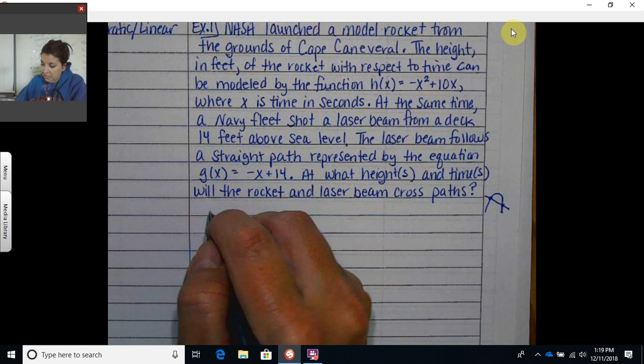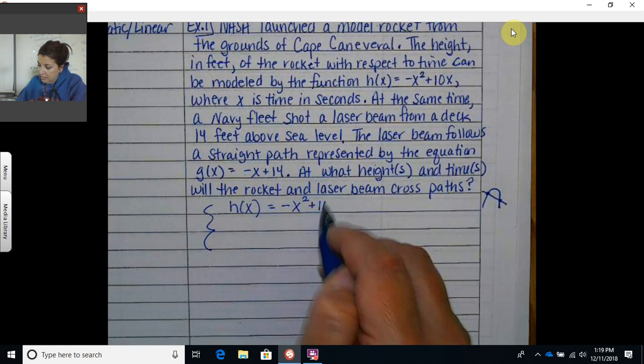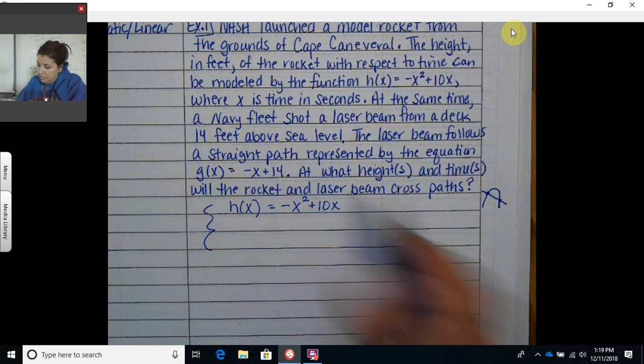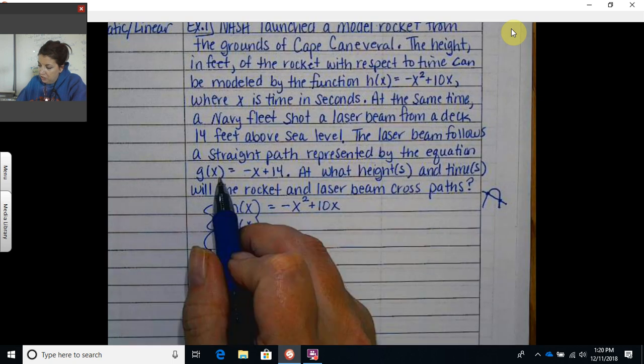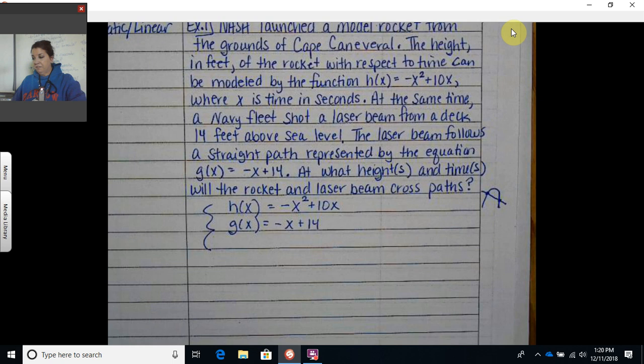The quadratic system was h of x equals negative x squared plus 10x. And the laser beam was that linear function, which they gave us g of x equals negative x plus 14. So I want to find when function h is equal to function g.